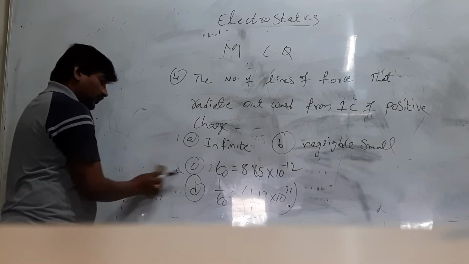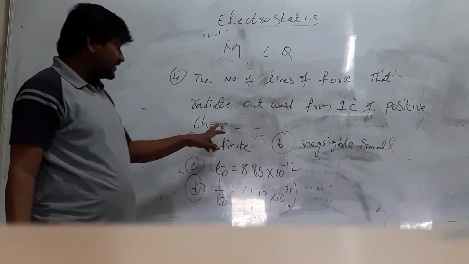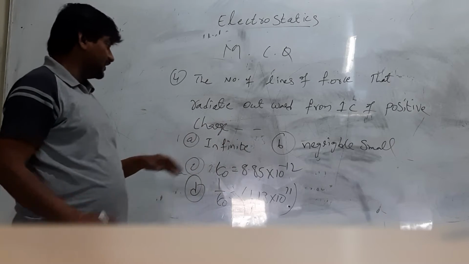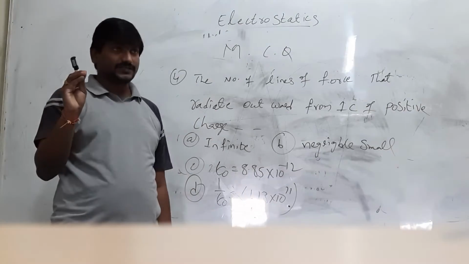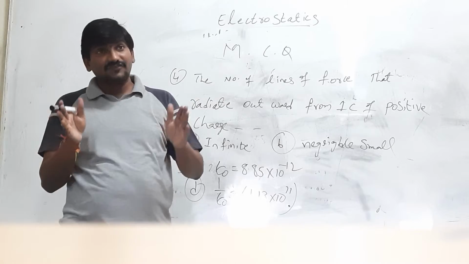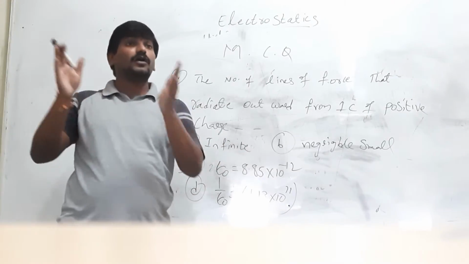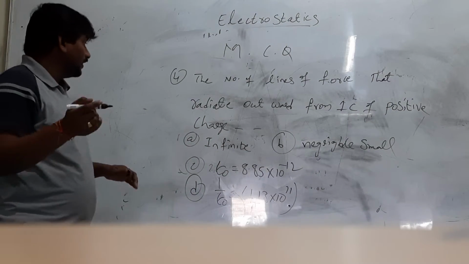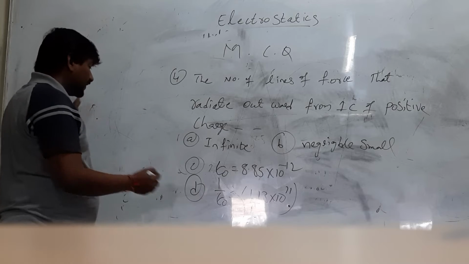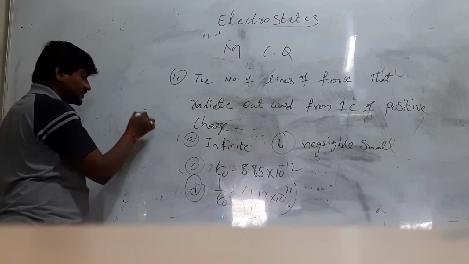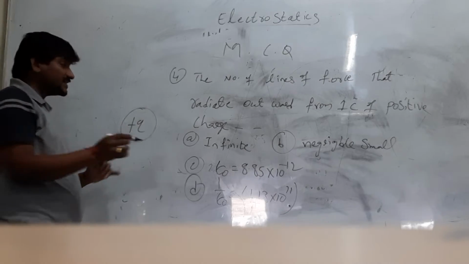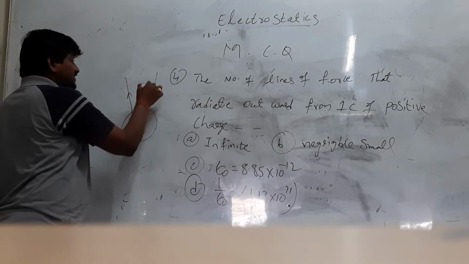Now, in this, first we should know the properties of electric field lines for this concept, as well as Gauss law. What is the property here? We know that a positive charge always emanates electric field lines outward.